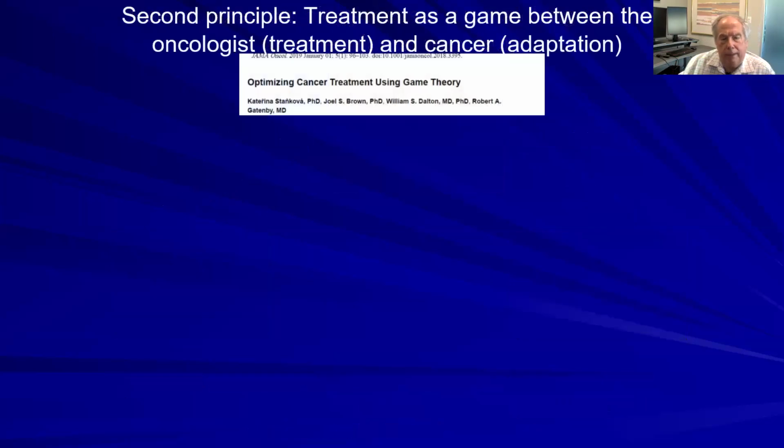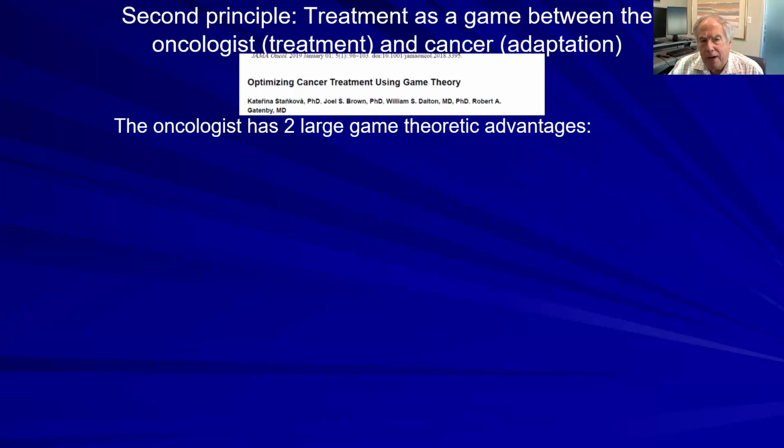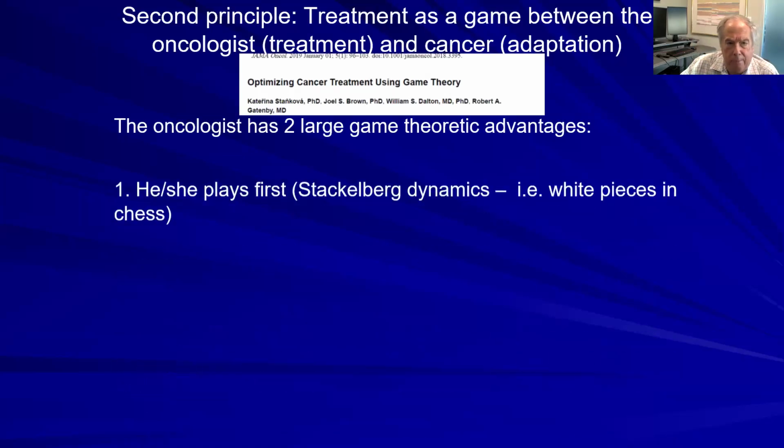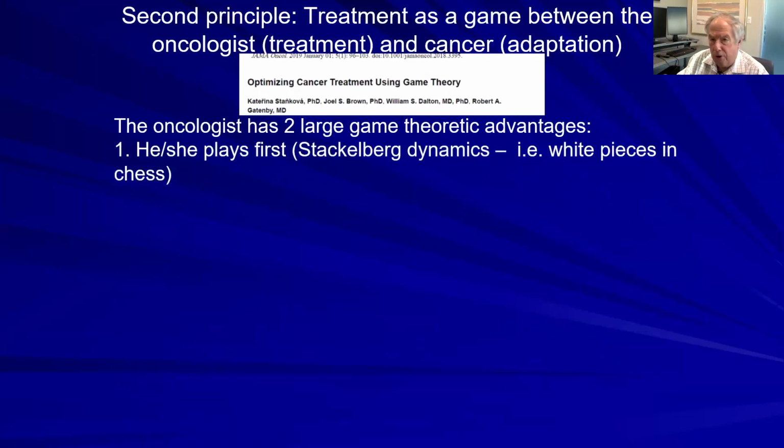If you look at cancer treatment as a game, and the game is being played by the oncologist who moves by applying a therapy, and the cancer plays the game by developing an adaptive response to defeat the therapy, the oncologist actually has 2 huge advantages in this game. One is that he or she plays first. It's the equivalent of white pieces in chess. In other words, the cancer cells cannot begin to adapt until the oncologist actually applies the therapy.